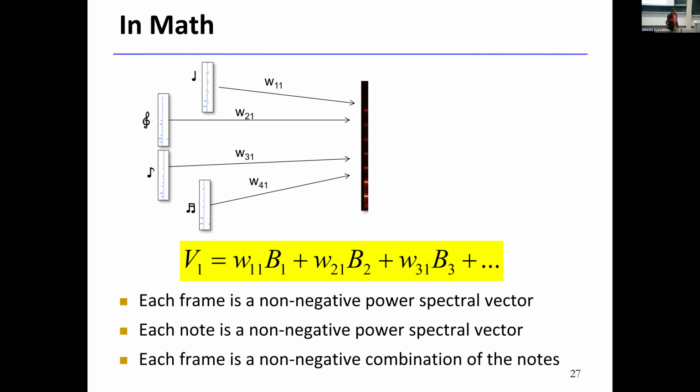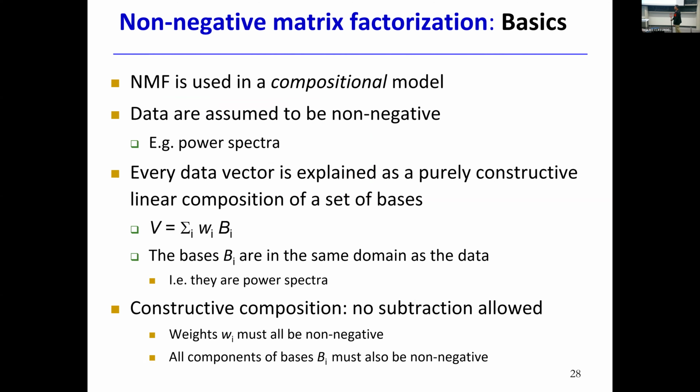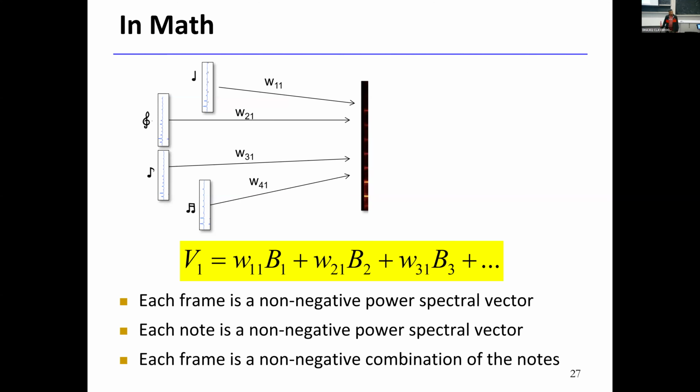And the resulting composition V, that's a power spectrum also. So that's also going to be non-negative, right? And so each frame is a non-negative power spectral vector. Each note is a non-negative power spectral vector. And so each frame is a non-negative composition of the notes. And this is what non-negative matrix factorization is all about.